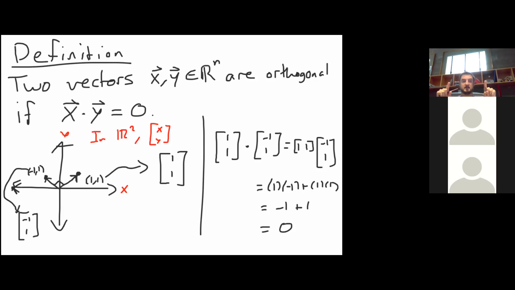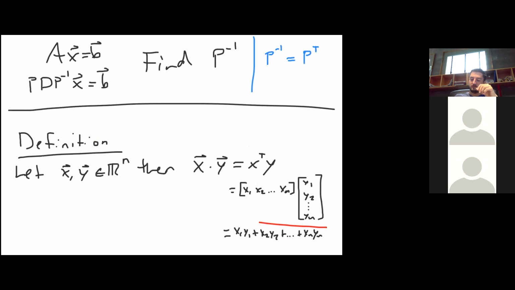You multiply, because of how we define the dot product with matrix multiplication. You just take corresponding elements, multiply them together, then add them all up. That's a way to sum up the dot product, which is what was written here. Okay. Cool. Any other questions?